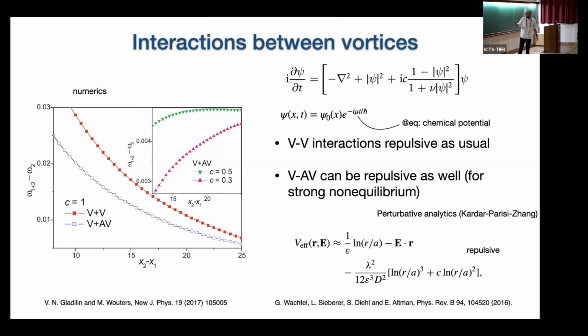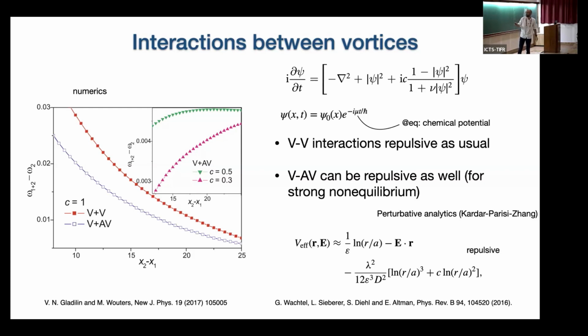Marzena already referred to this paper by Lucas and the group of Sebastian Diehl and Ehud Altman, where they found this repulsive contribution to the vortex-antivortex interaction, which is quite unusual because normally you would expect they just attract each other so they can easily recombine. So that's not the case.